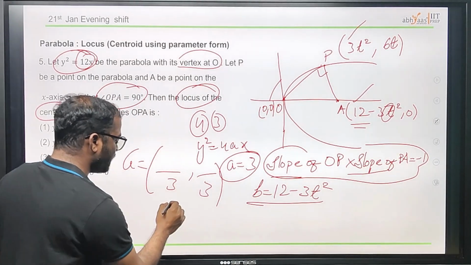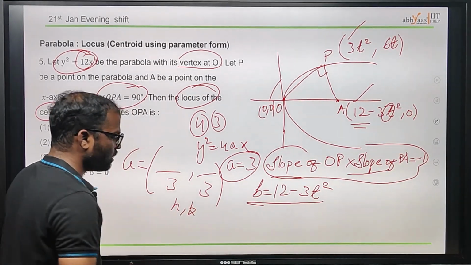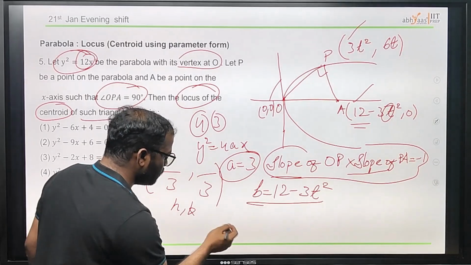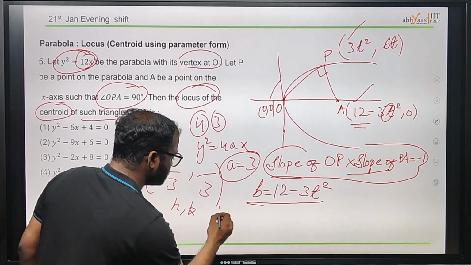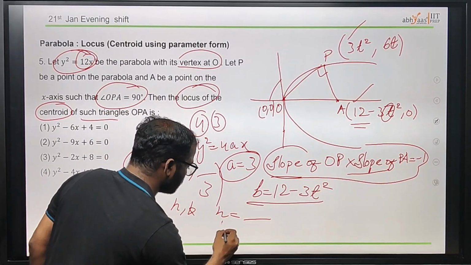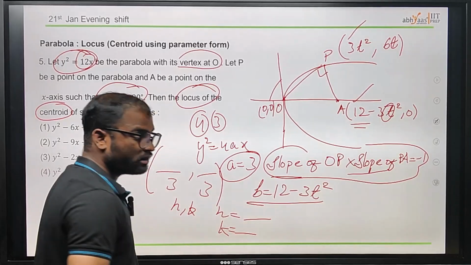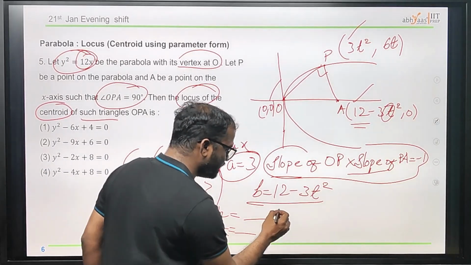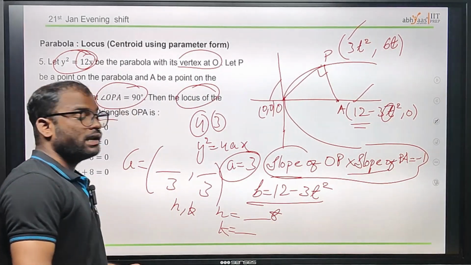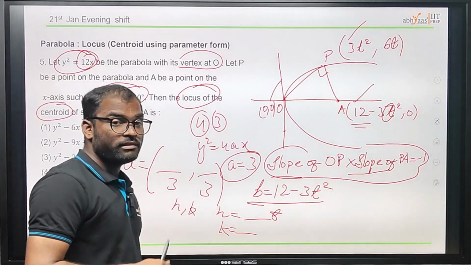After finding the h comma k, you will get h equal to something and k equal to something. After getting these terms, we will have the t term here, and we need to eliminate this t term.